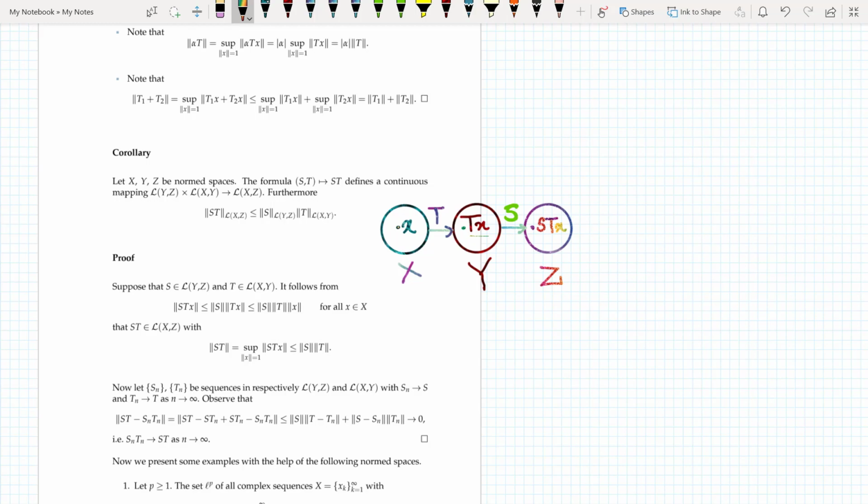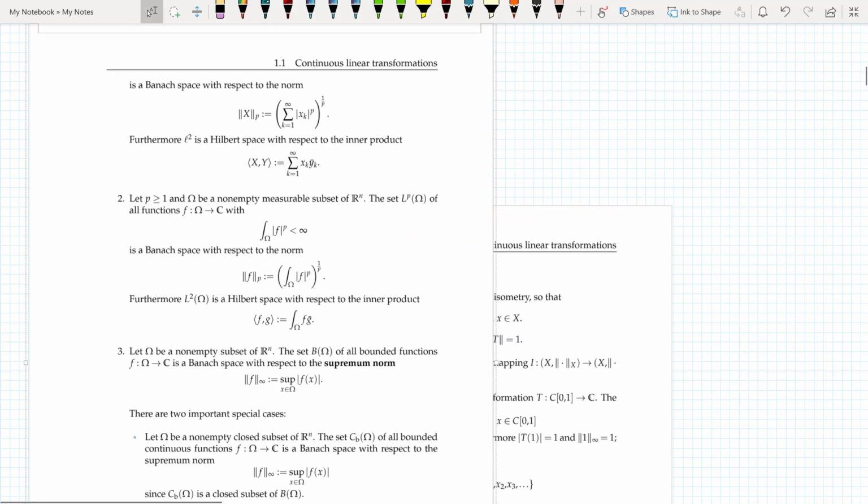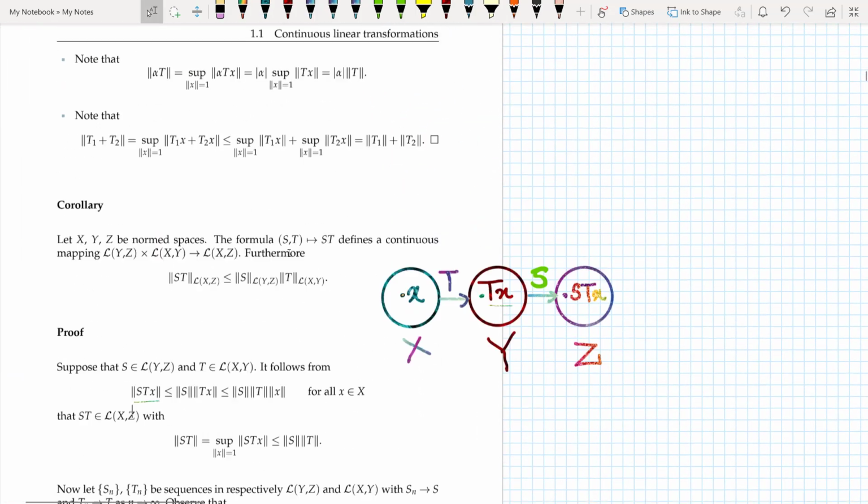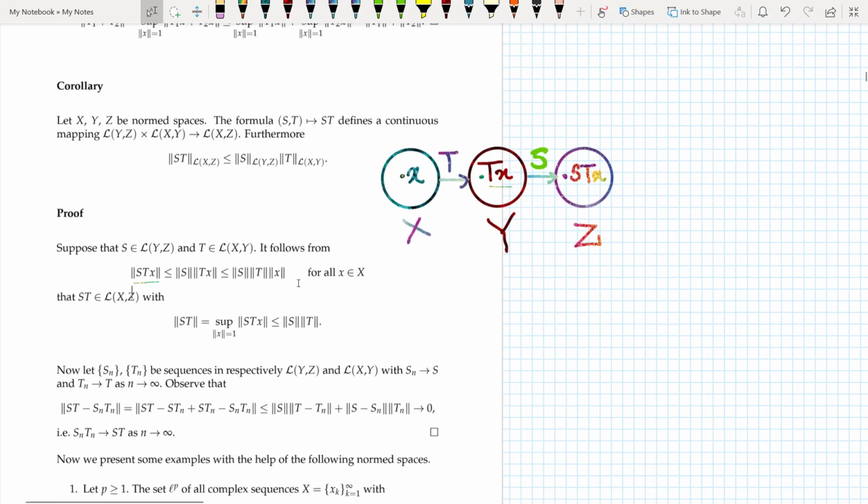So if we look back to our definition of the norm of operators, this STx can be split up into two parts, norm of S and norm of Tx. The reason we are able to do this is again because of linearity.